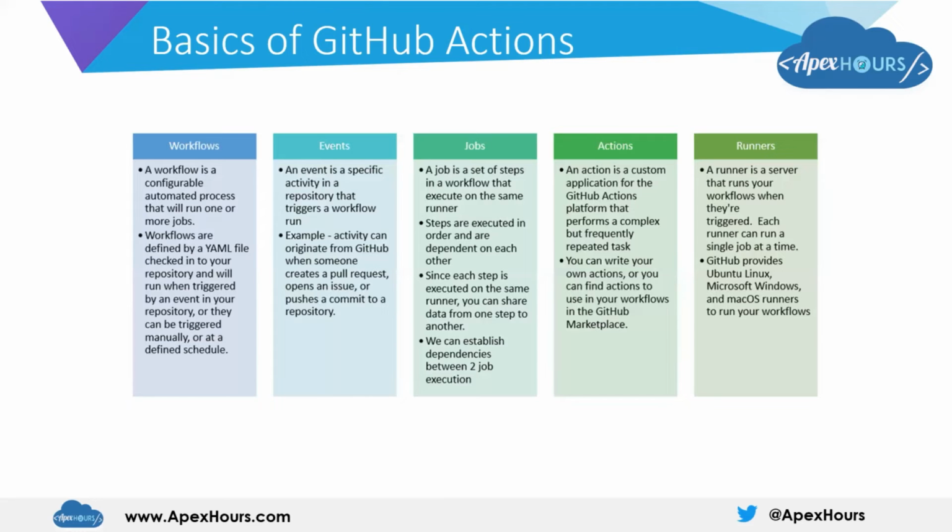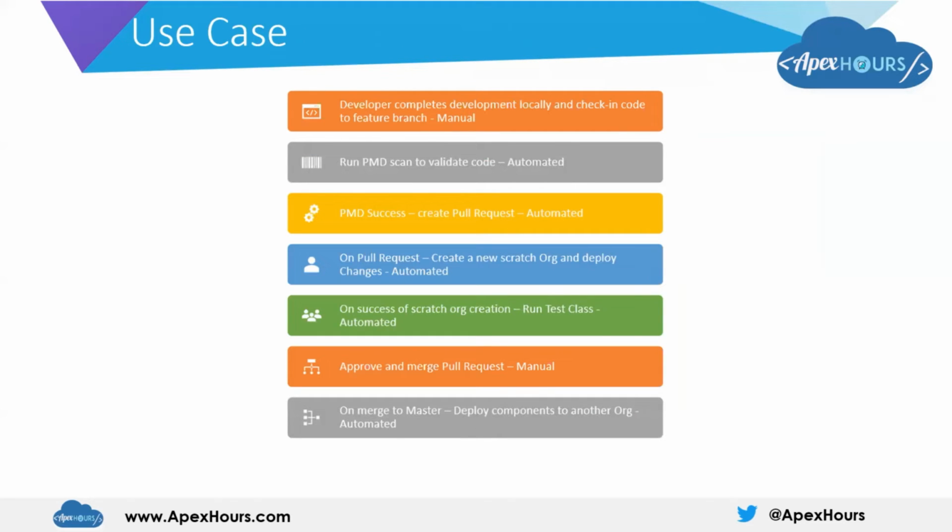Those are the basics of GitHub Actions. Now we can see that in detail. For that, this is what we are going to demo as part of today's GitHub Action demo. This is a sequence of operations that is going to execute, and some part of that we are going to automate. The first step is that, like we all do, we will be developing in our Visual Studio, and we will be checking in our code to a feature branch.